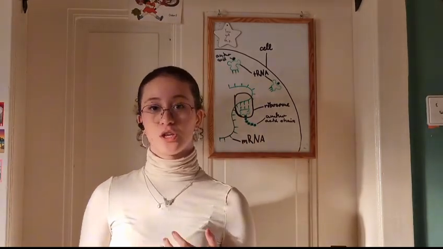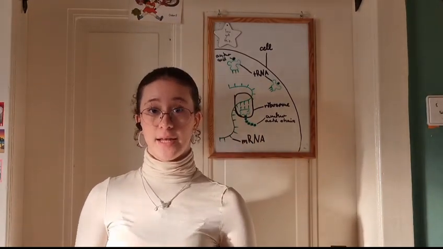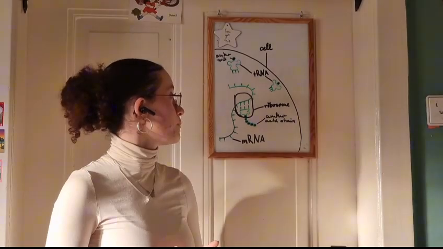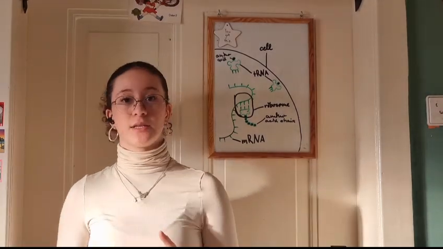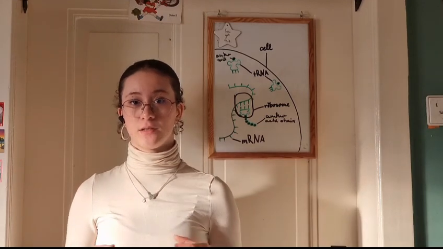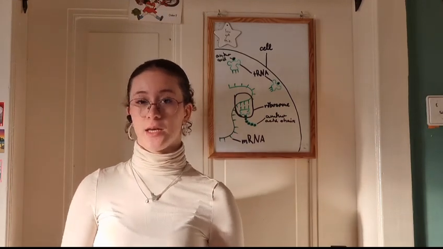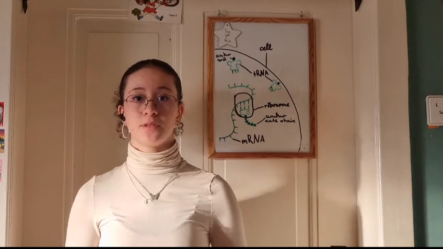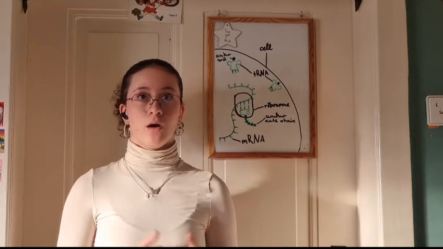There are 3 nucleotides read at a time, and then the amino acid is disconnected from these tRNA and connected to other amino acids. And as I said, the order is determined by the mRNA.